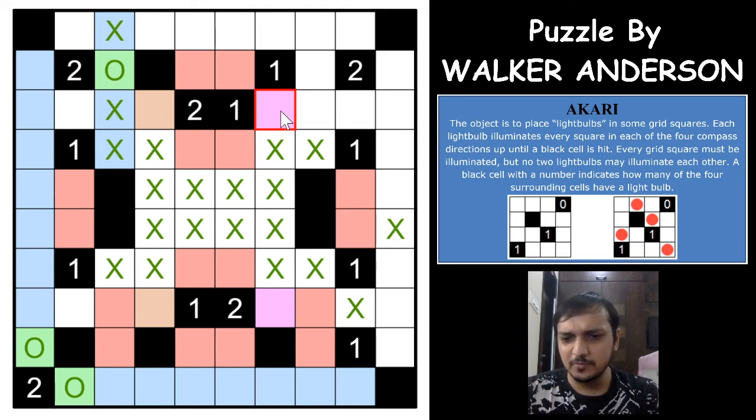if I have a light bulb here, right, I cancel out both of these cells as being light bulbs, right? Because for this one, this is cancelled out, and for this light bulb, this is cancelled out. What happens here is, I'll get these two cells as light bulbs, and as we have already seen that if this cell is a light bulb, this cell has to be a light bulb, right?